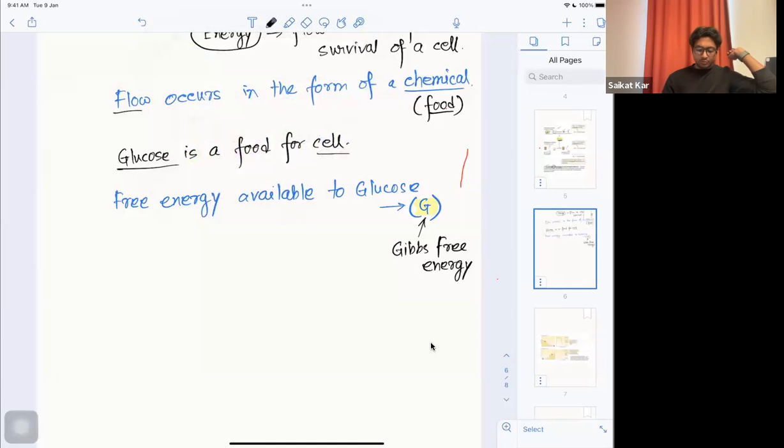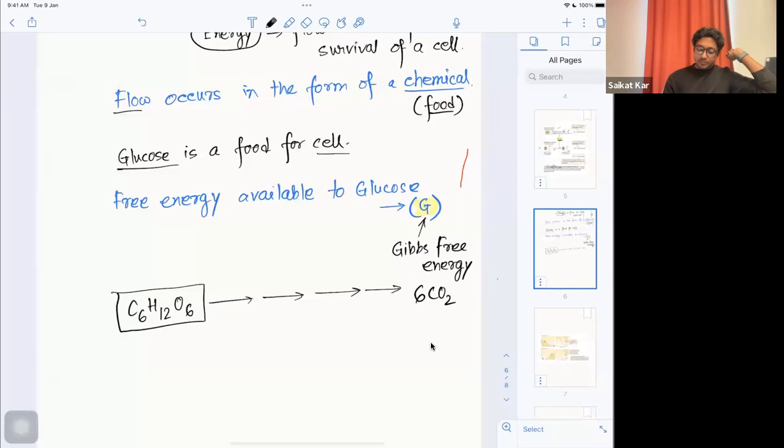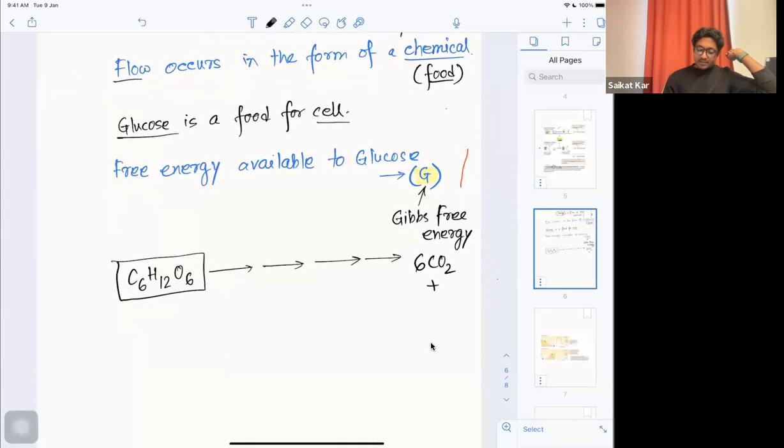Say we start from glucose, C6H12O6, there are so many steps, and at the end of those steps we are left with 6CO2 and some H2O.